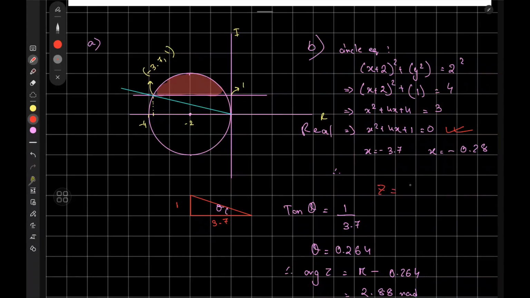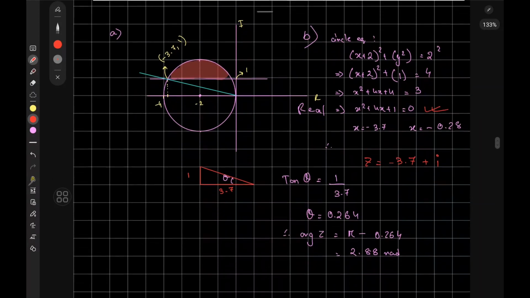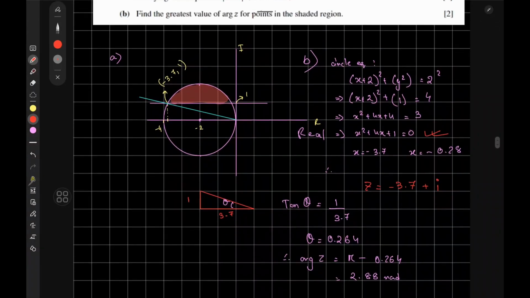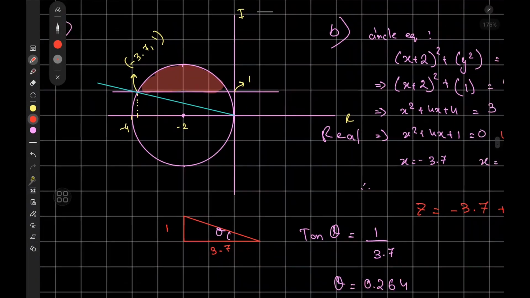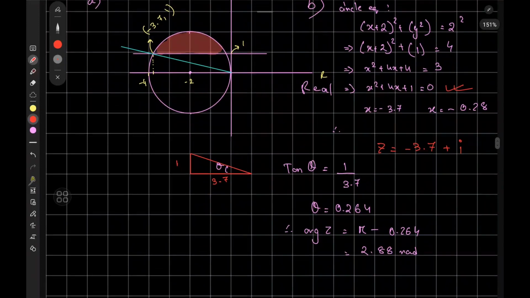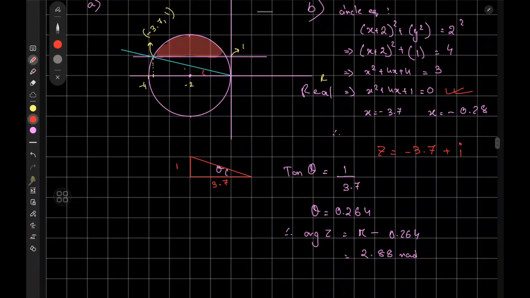So z is going to be given by minus 3.7 plus i. So you now know the value of the complex number z which is going to give you the greatest argument. If that is known to you, now you can try and solve for theta.